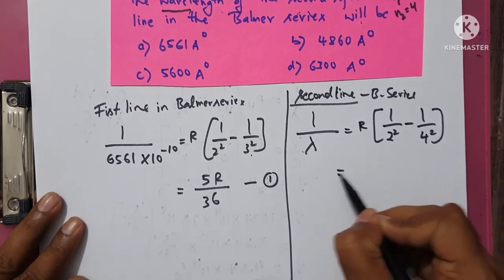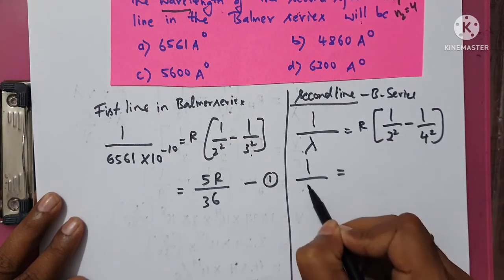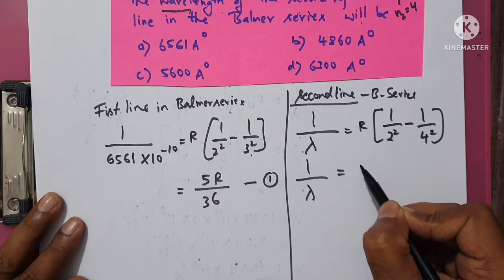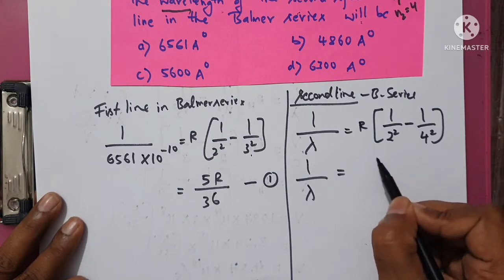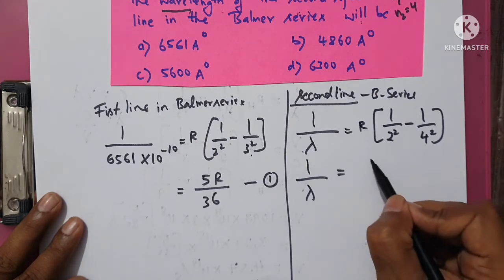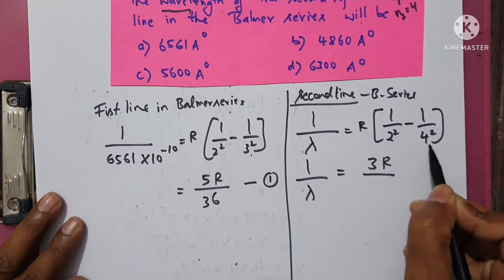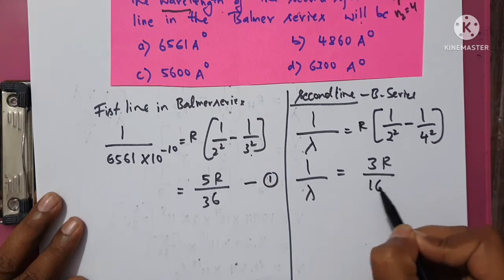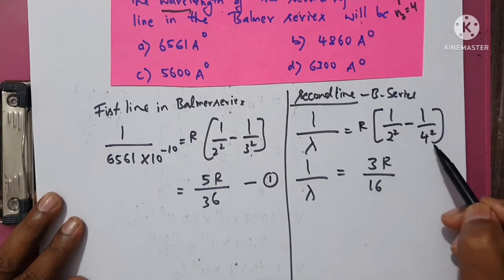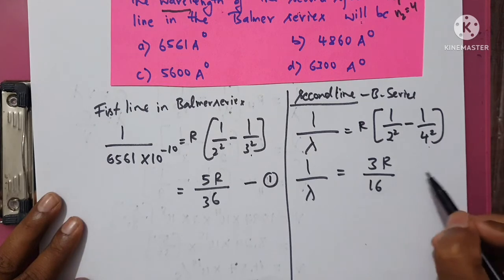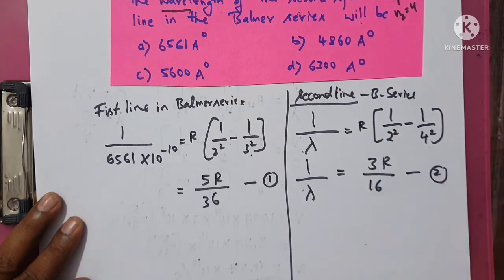When I simplify this, you will get 3R by 16, since 4 4s are 16. Consider this as equation number 2.